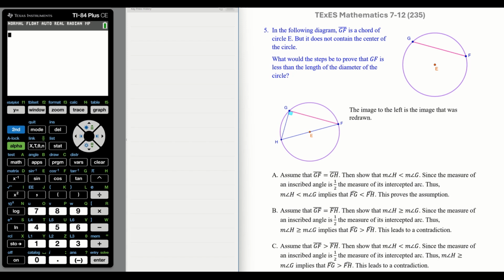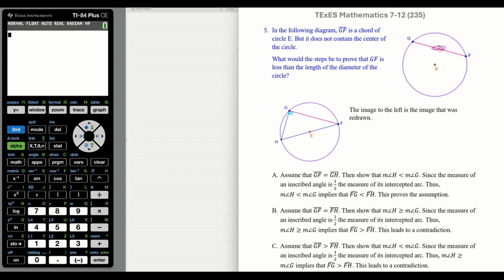Number 5, in the following diagram, GF is a chord of circle E, but it does not contain the center of the circle. Okay, what does that mean? That means the center is E. So there is no E right here. See, there is no E. You have no center midpoint that includes this.